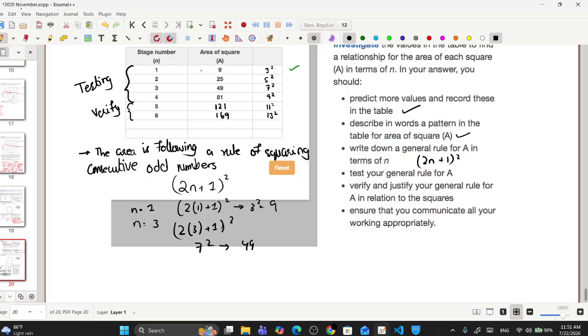Do we have enough space down below? No, we don't, unfortunately. So, can I erase all of this? Yeah. Thank you.